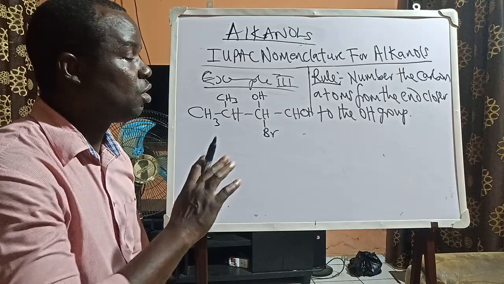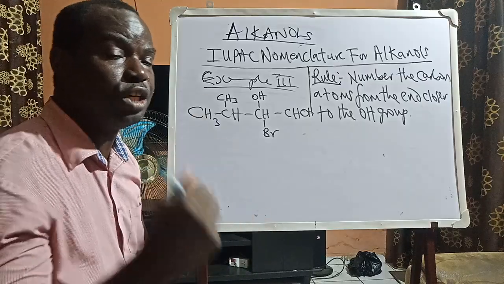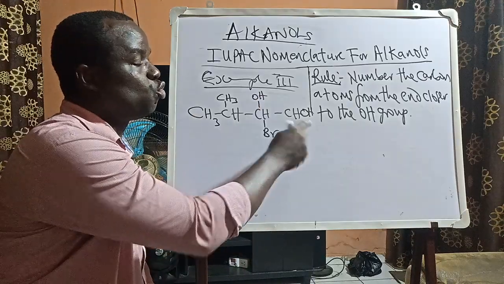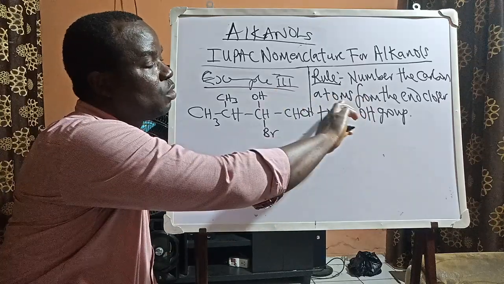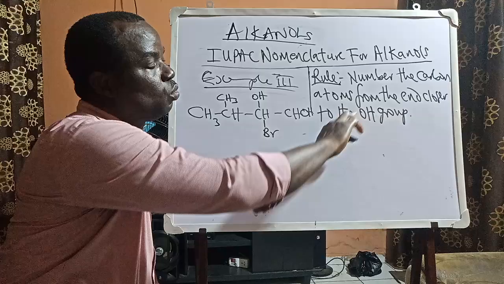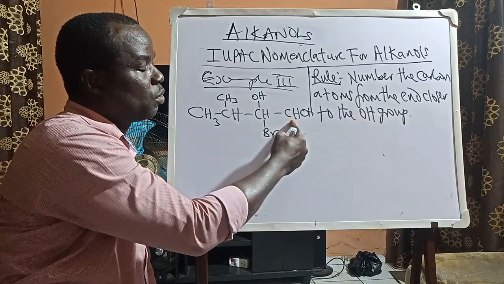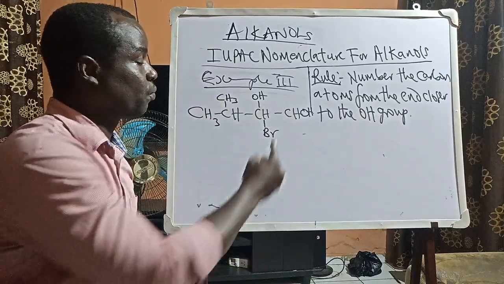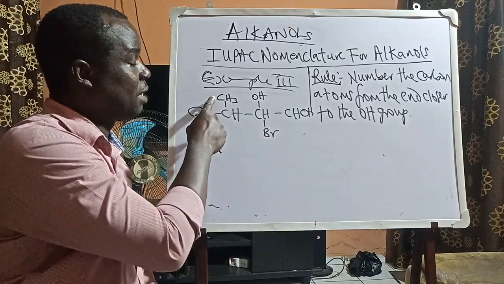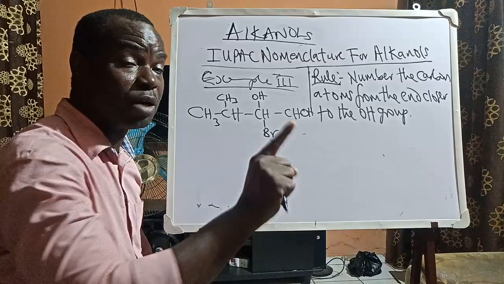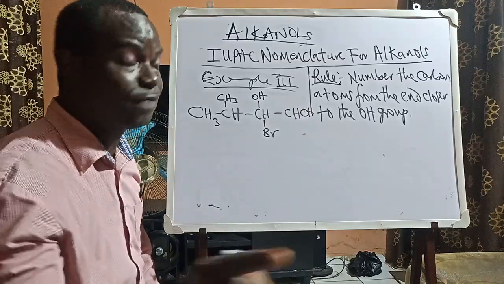Okay. Now, if you look at this, I have double OH, and the 2 OH groups are on this side. So we number from the end closer to the OH group. I have 4 carbon atoms here: 1, 2, 3, 4. I have 2 branches, methyl and bromo. Remember, anything that goes up or down is a branch, apart from the OH group.